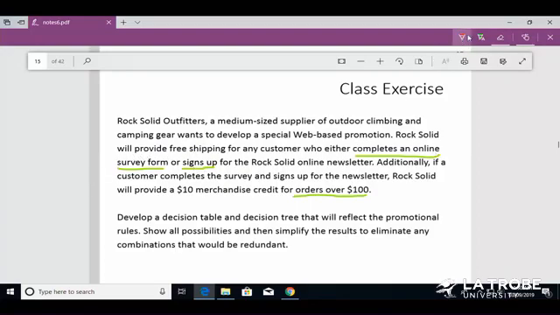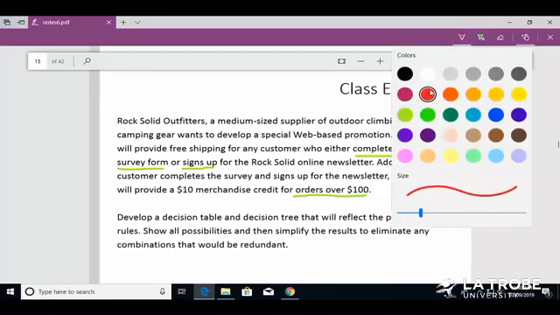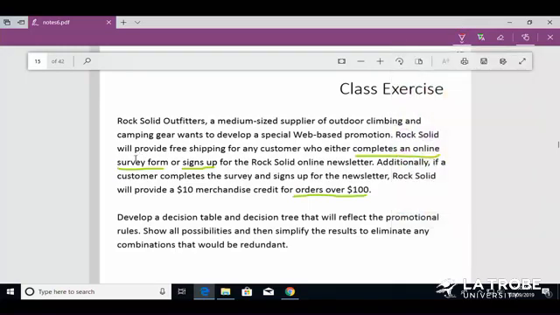Free shipping for any customer. So this is my first outcome. What else? Additionally, if a customer completes the survey and signs up for the newspaper, Roxol will provide $10. Did we say this is a condition? Yes. Right. So what is the outcome of this condition?